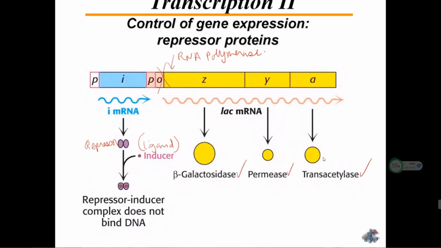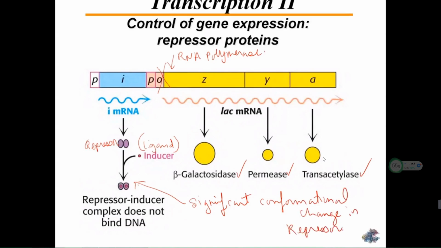All right, so this, again, is still negative regulation by the repressor, but when you bind a ligand, or in this case the inducer, it will cause a significant conformational change in the repressor, dissociation from the promoter region, binding of the RNA polymerase, and then finally transcription of the lac operon.